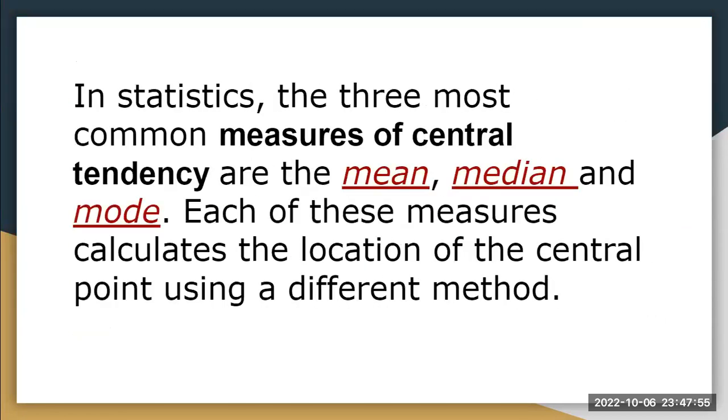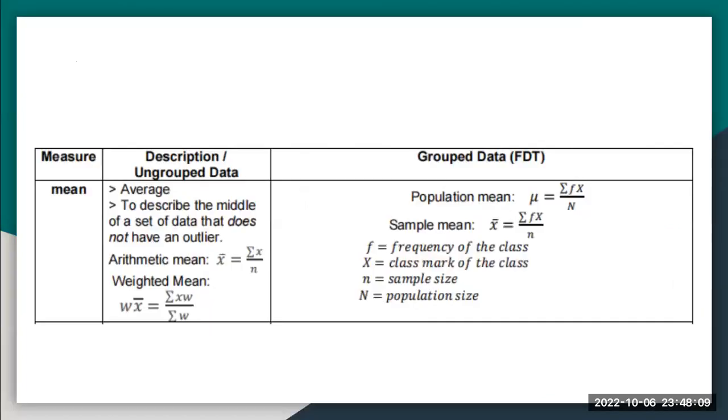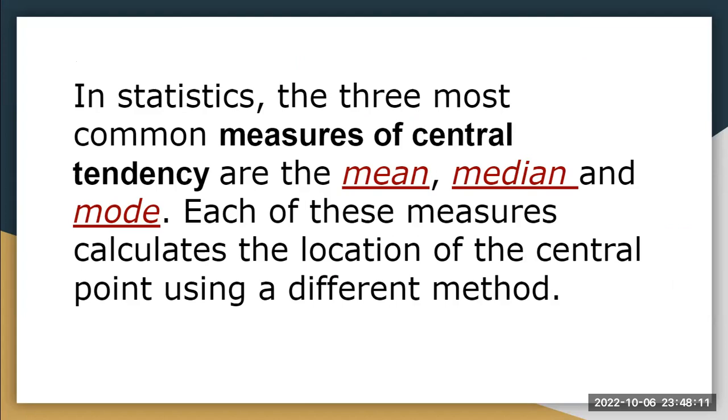In statistics, the three most common measures of central tendency are the mean, median, and mode. Each of these measures calculates the location of the central point using a different method.